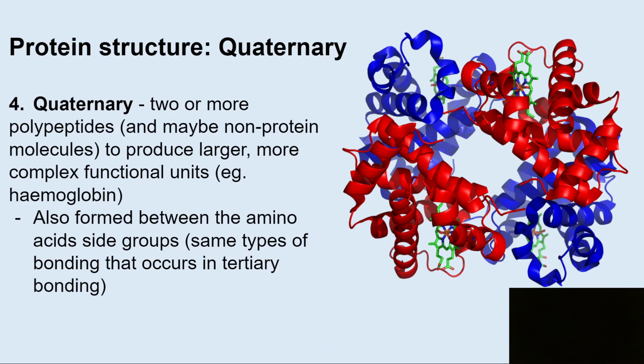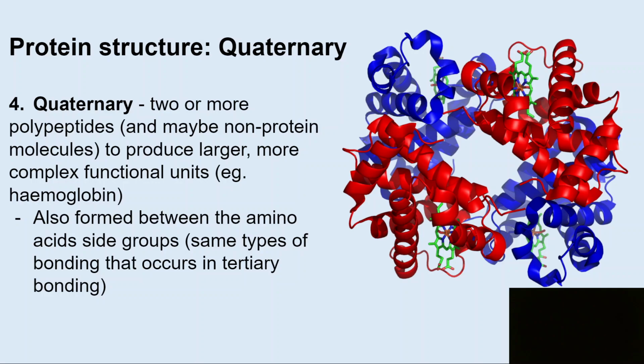And lastly, the quaternary, the fourth level of structure. This is when I've got two or more polypeptide chains and some non-protein molecules might be involved, which produces larger, more complex functional units. The example there is hemoglobin, within red blood cells.